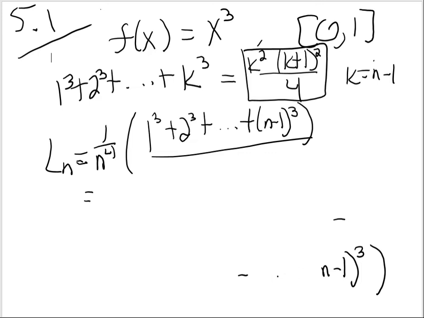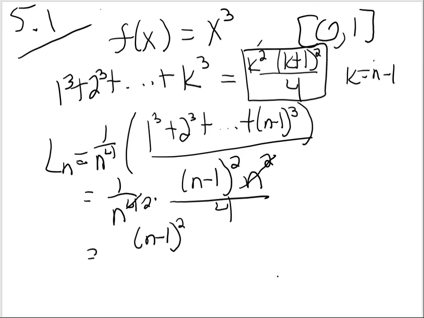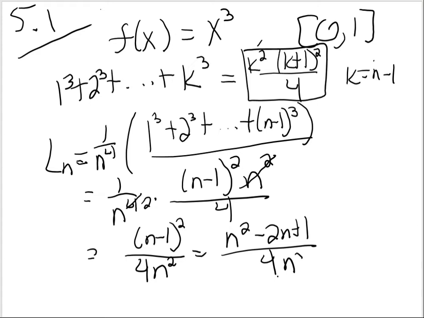So that's going to be 1 over n to the 4th times n minus 1 quantity squared, and then n squared, all over 4. This cancels with 2 of these, and we're left with n minus 1 quantity squared over 4n squared, or n squared minus 2n plus 1 all over 4n squared.